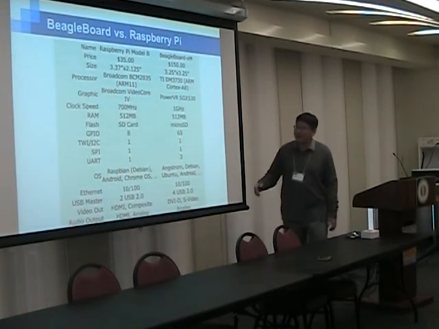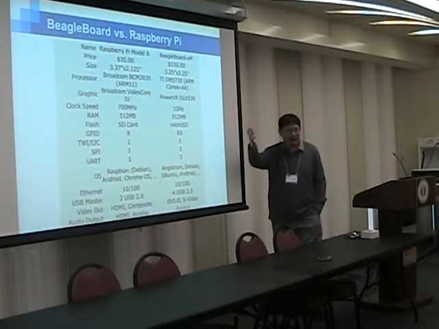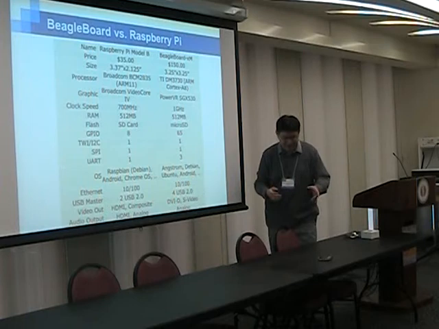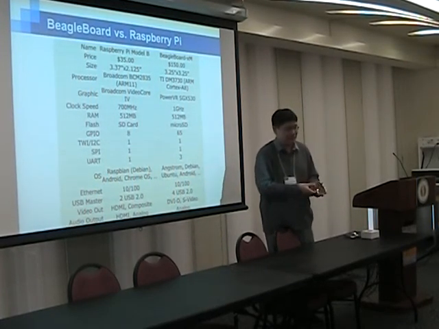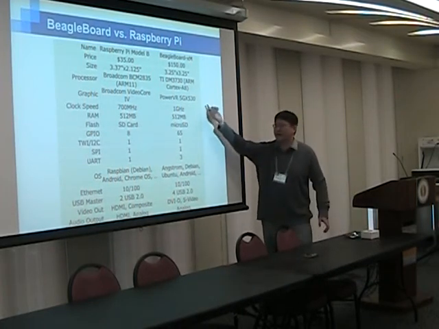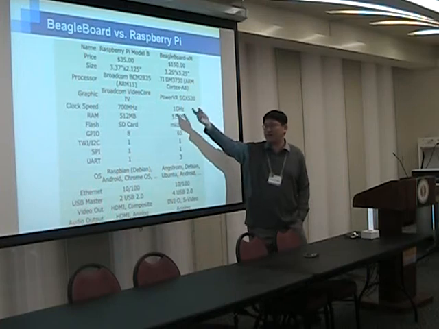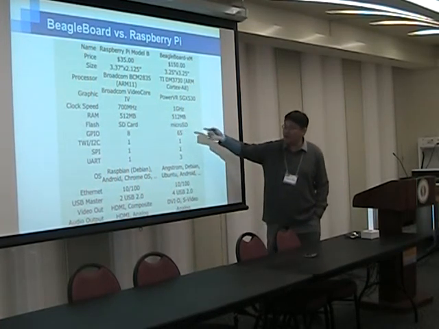Okay, for this page, I'm going to talk a little bit about Beagleboard and Raspberry Pi. Since they are all alike, basically Raspberry Pi is a little bit smaller, roughly 2/3 of the size of Beagleboard. But if you look at them, they're all based on ARM architecture. They all have a graphics unit and CPU, and the same amount of RAM.